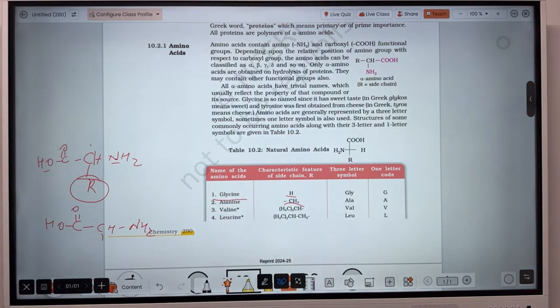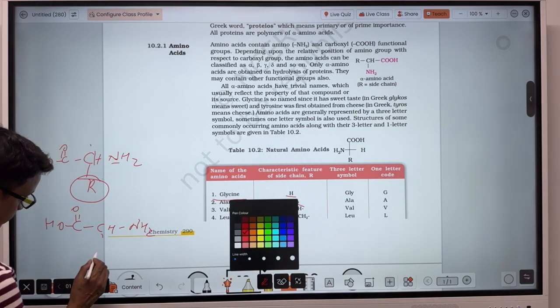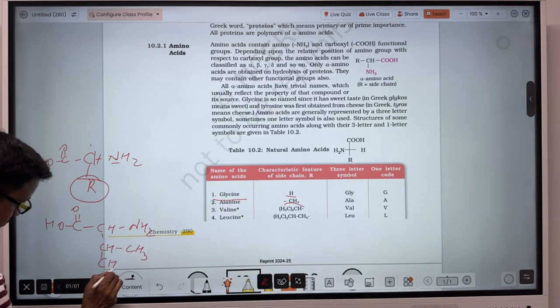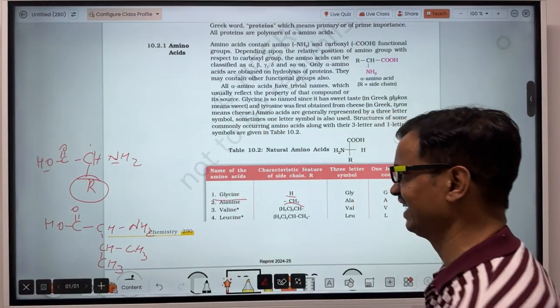The simplest essential amino acid is valine. I will tell you about essential and non-essential shortly.